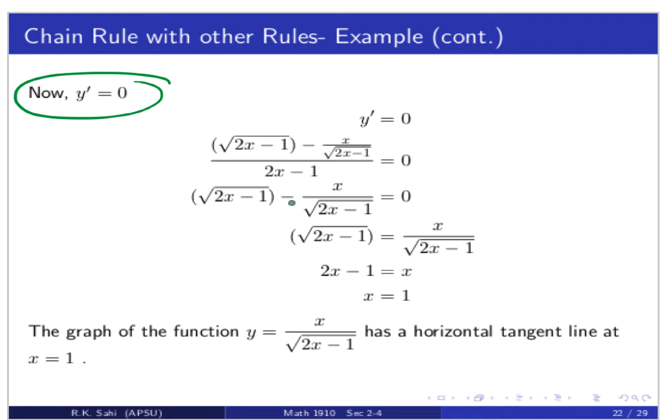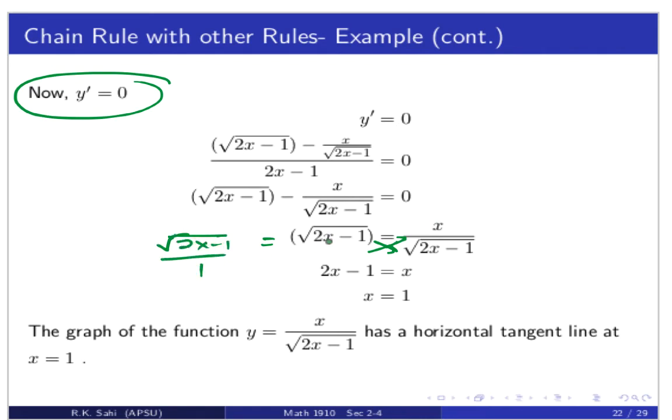So square root of 2x minus 1 minus x over square root of 2x minus 1 is 0. I can take the negative on the right hand side, and then square root of 2x minus 1 equals x over square root of 2x minus 1. I have to solve for x. Do cross multiplication. X with 1, remember this is the same thing as saying square root of 2x minus 1 over 1.